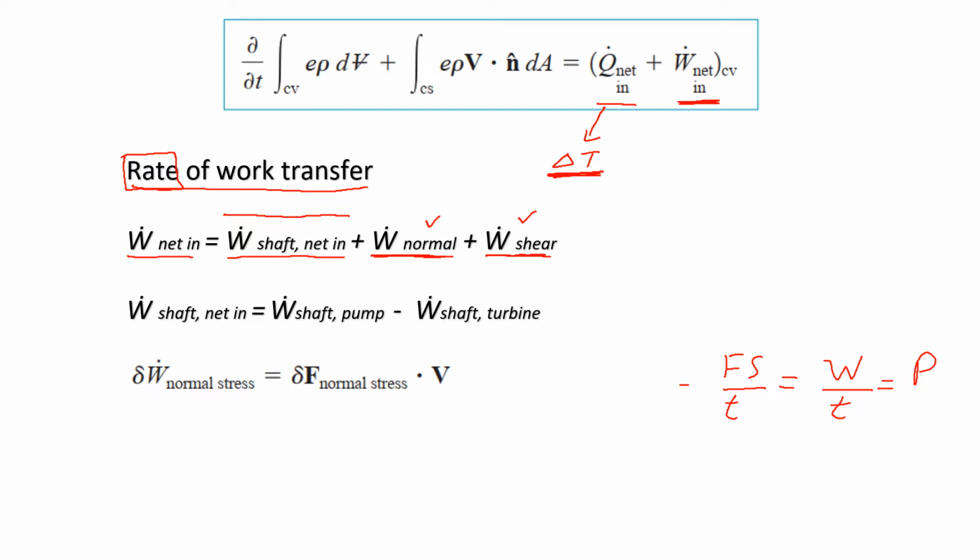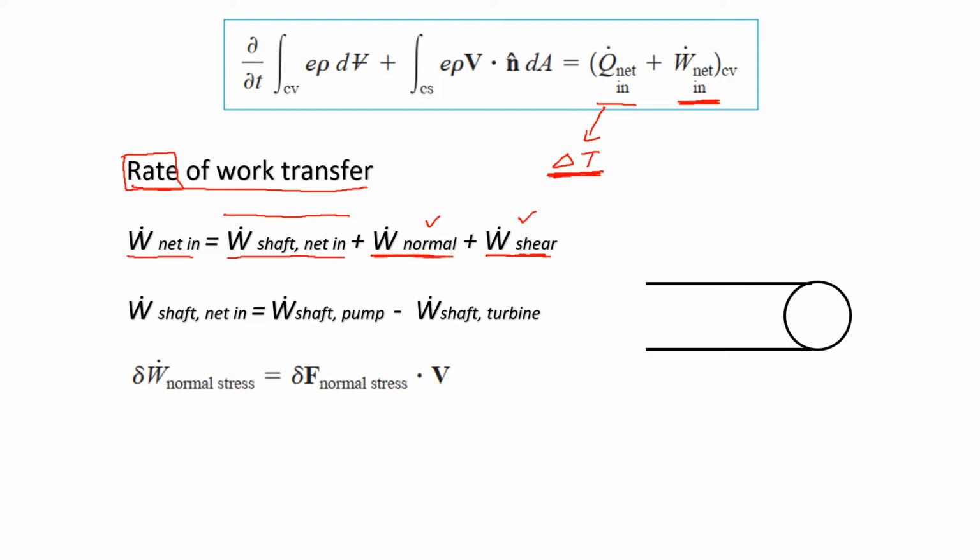So let's look at an example, and in the example we have a pipe and we have a control surface. So this is the control surface of that pipe, and this is the control surface out. So here the fluid is coming out. When the fluid is coming out, it will encounter an outside pressure.